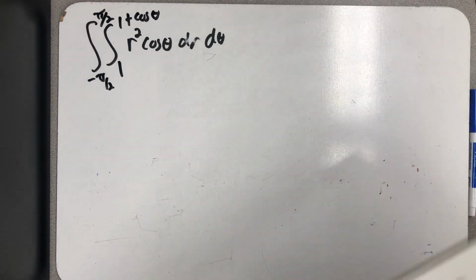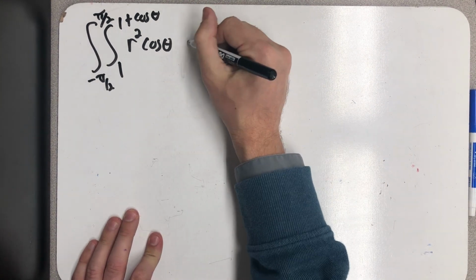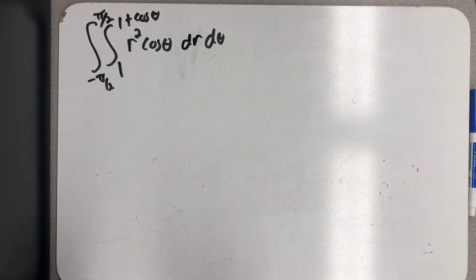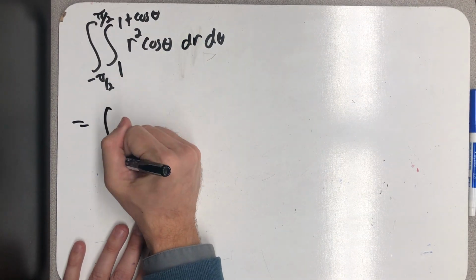All right, so now we just need to go through 2 rounds of integration to see if we can find this volume. So I first integrate with respect to r.